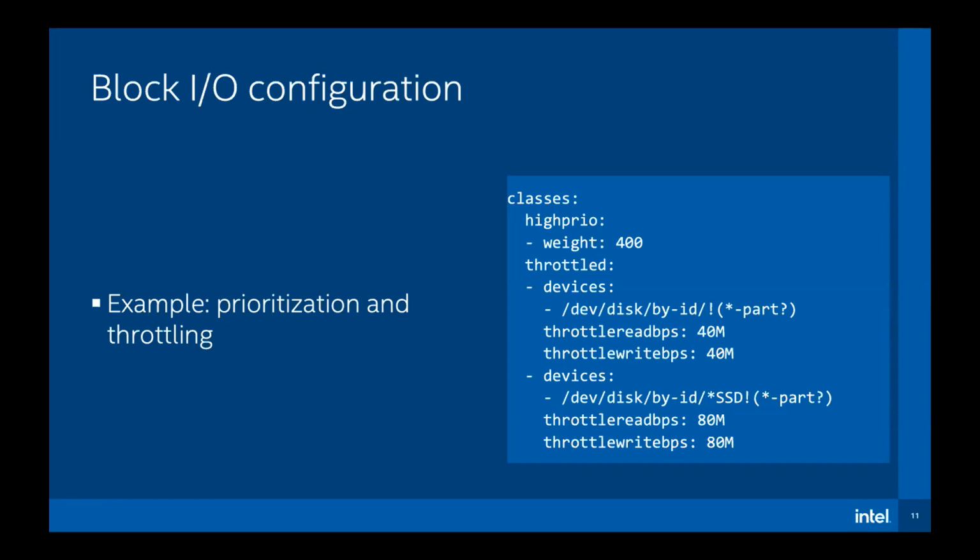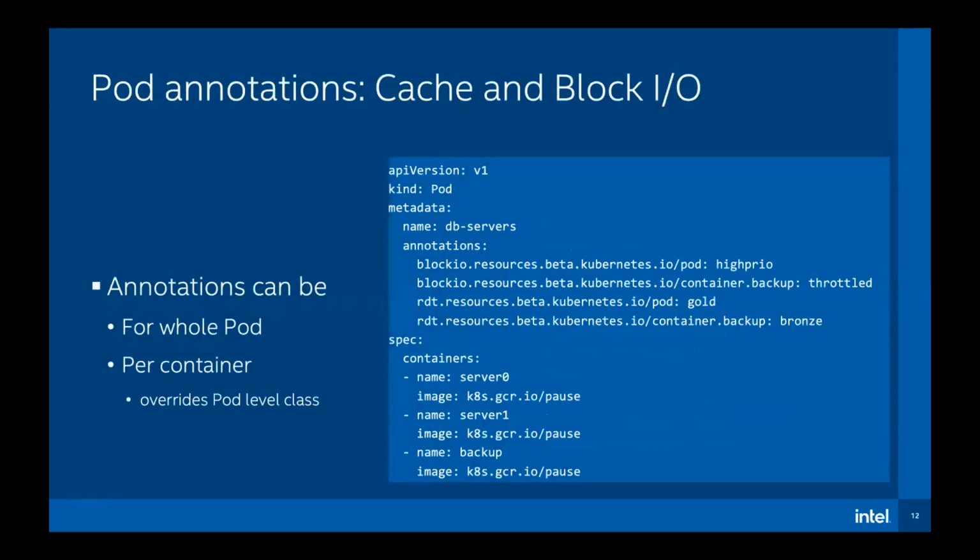So this is loaded by the runtime, and then the next slide shows again how it is used at the pod spec level. So here in this example, there's a database servers pod, which includes 2 server containers and then 1 backup container that would be running backups, for instance, from the database server containers. And priorities are again in the annotations.